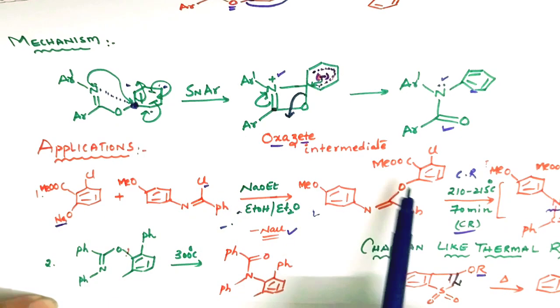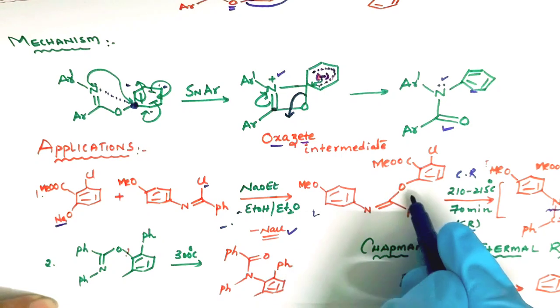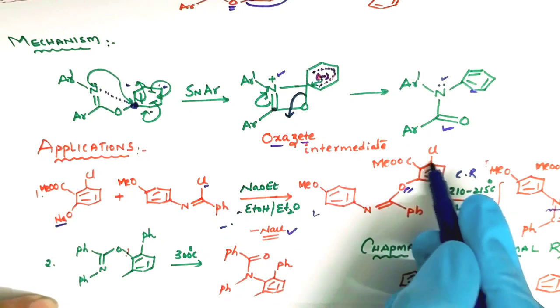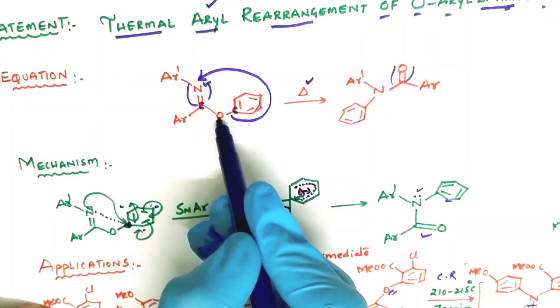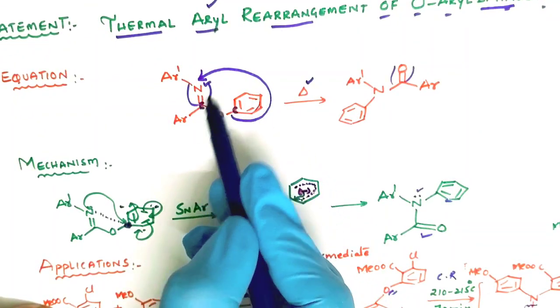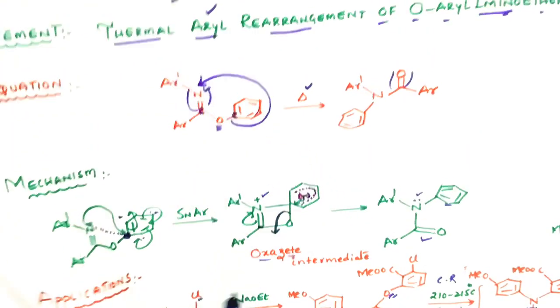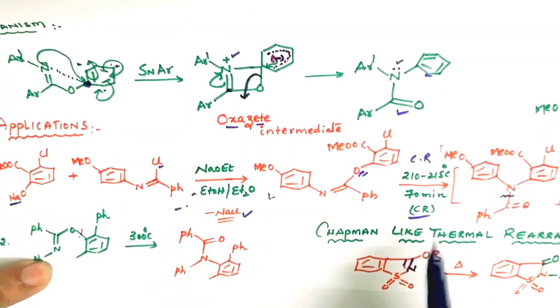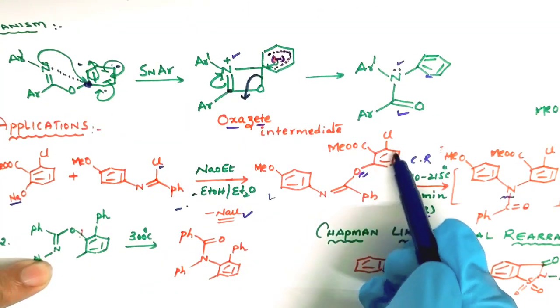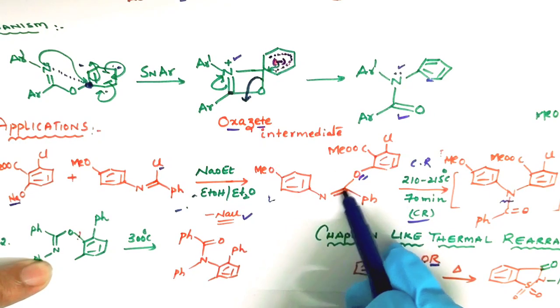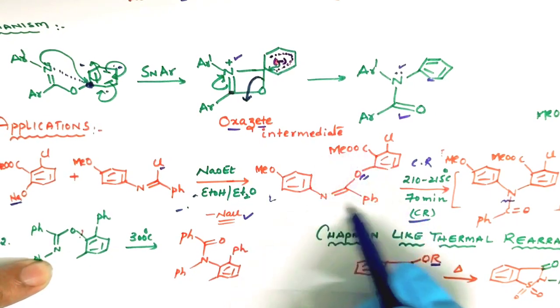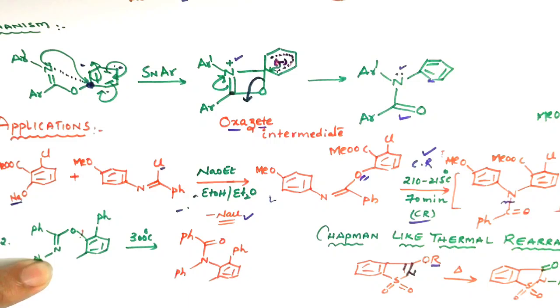See this ether linkage. This is the oxygen, right side aromatic ring is there, left side C double bond N should be present, right? Here similar situation: oxygen, right side aromatic ring is there, left side C double bond N is present. That's why this one is involved in Chapman rearrangement.